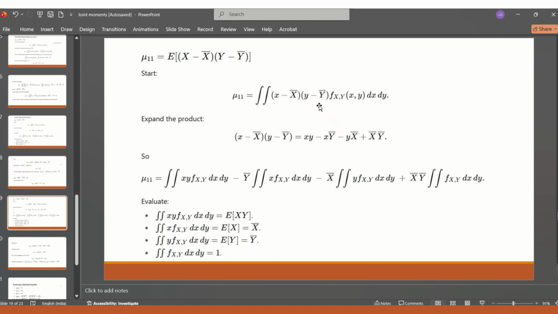We can write mu 1 1 as the double integral from minus infinity to infinity of x minus x bar into y minus y bar times f of x comma y, dx dy.